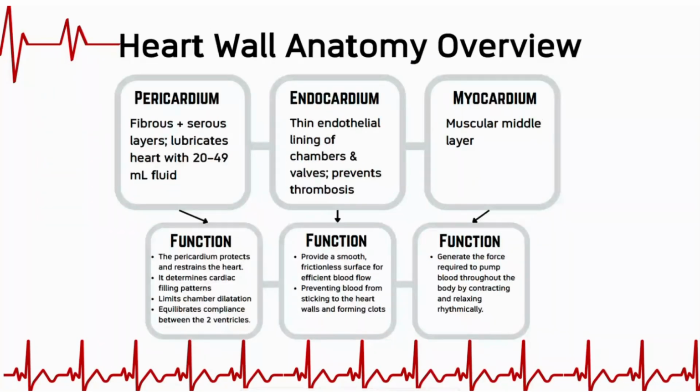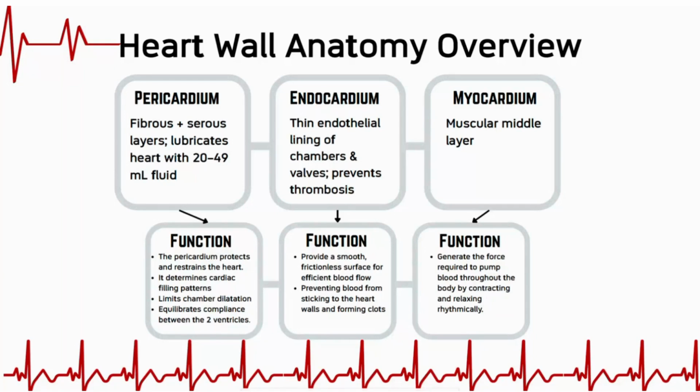So a brief overview about the heart wall. As I said, we have the pericardium, myocardium, and endocardium going from out to in, the endocardium being the innermost. The pericardium is composed of fibrous and serous layers, and it lubricates the heart with about 20 to 49 milliliters of fluid.